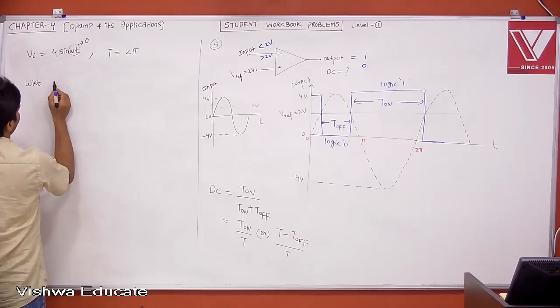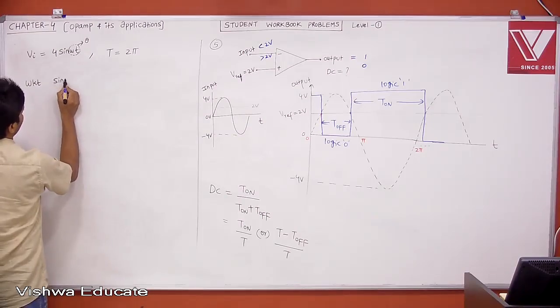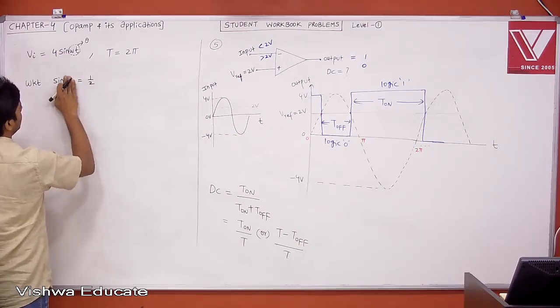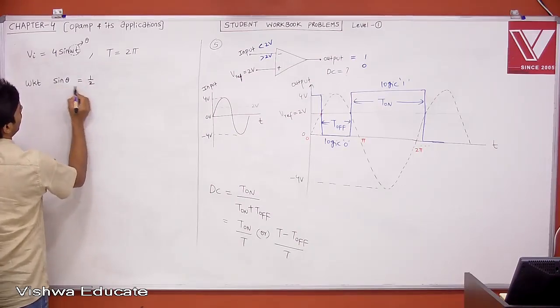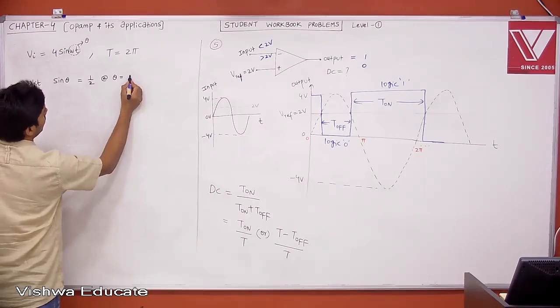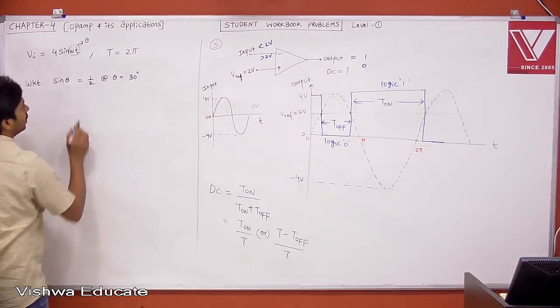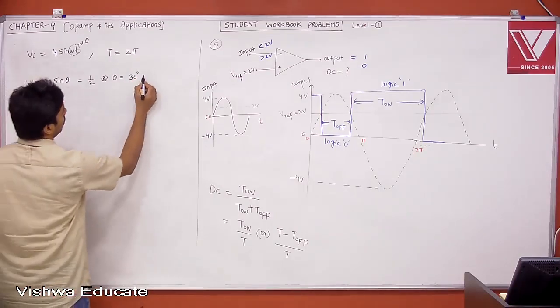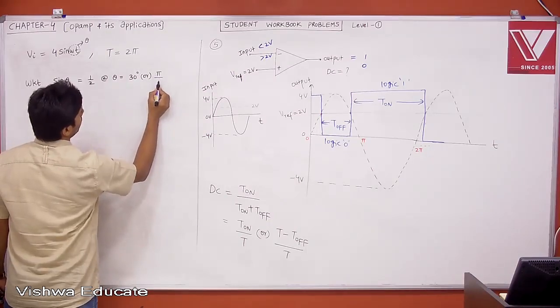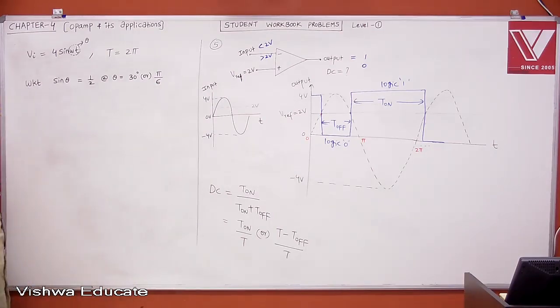We know that sine omega t is equal to half, or sine theta is half, at theta equal to what? 30 degrees. What do you mean by 30 degrees? Sine 30 is 1 by 2, and 30 is nothing but pi divided by 6, because 180 by 6 is 30.